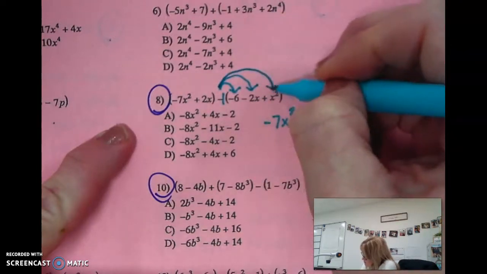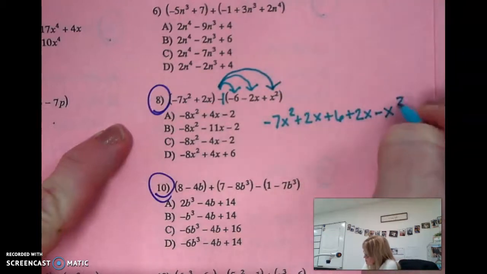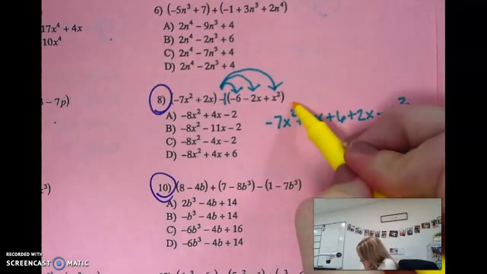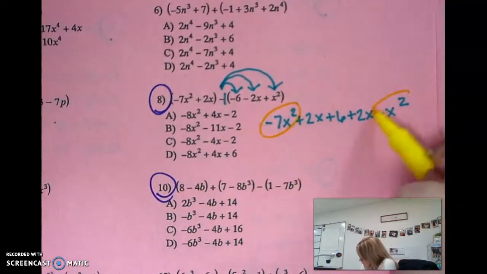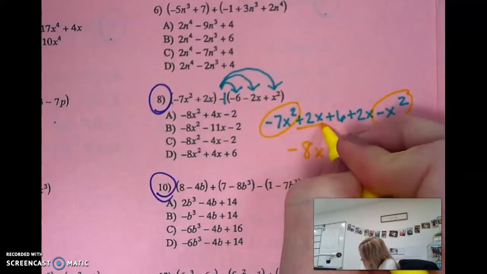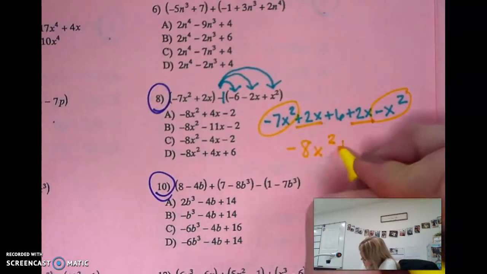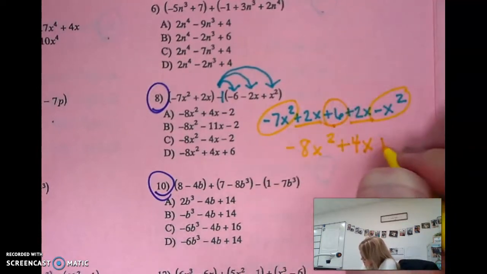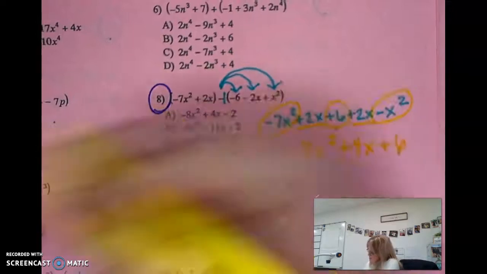And negative 1 times x squared is a negative x squared. Now I combine my like terms. Negative 7x squared and a negative 1x squared is a negative 8x squared. A positive 2x and another positive 2x is a positive 4x. And then we have our positive 6. So letter D.